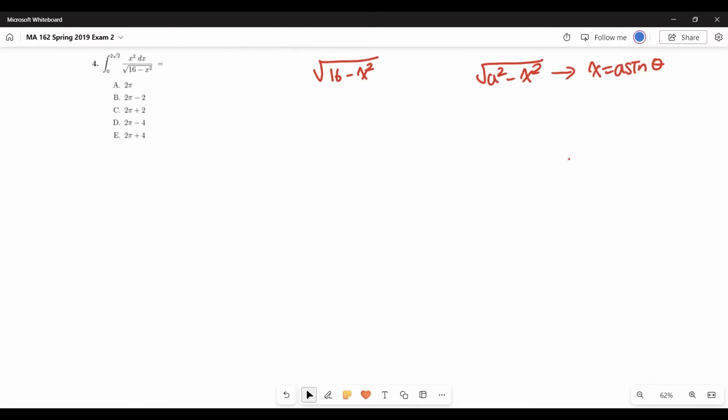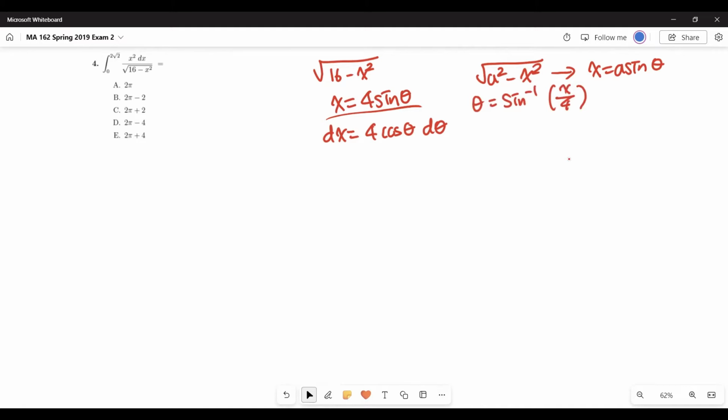In our case, a squared is 16, so our x is 4 sine theta. Dx, the derivative of that, is 4 cosine theta d theta. We have that, and let's find the bounds. So x equals 4 sine theta, so theta would be sine inverse of x over 4.